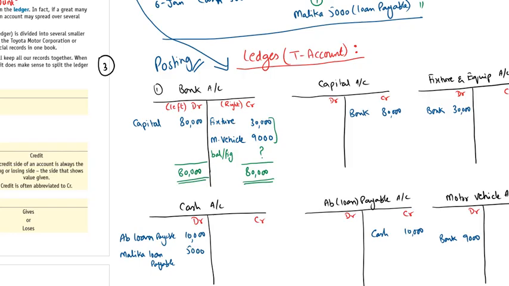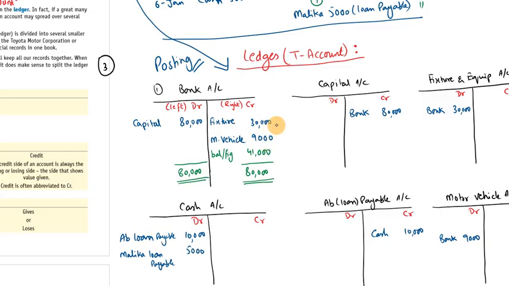The student can tell me. Yes, the remaining amount will be 41,000.